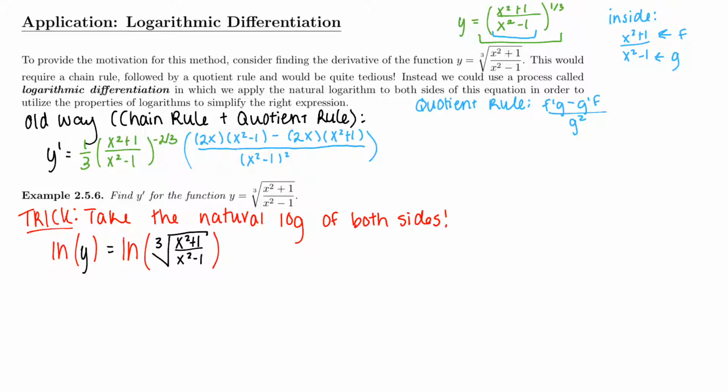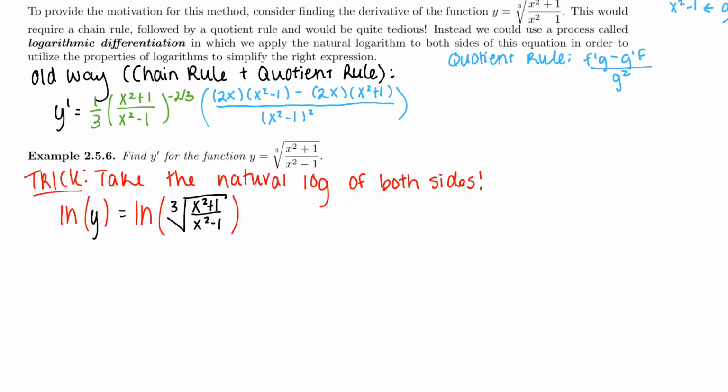Taking the natural log of both sides. For this guy right here, we already rewrote it in its exponential form, but let's do it one more time. That's really the same thing as x squared plus 1 over x squared minus 1 raised to the 1/3 power.